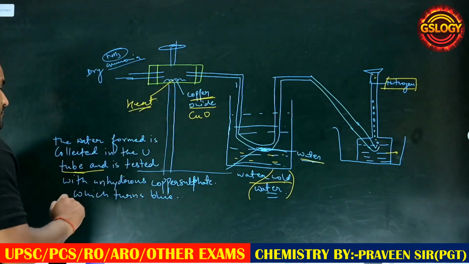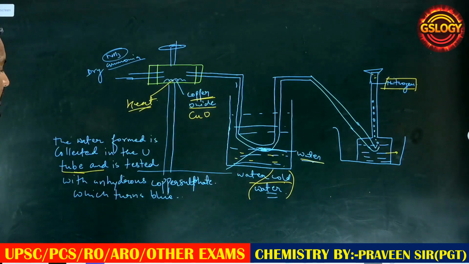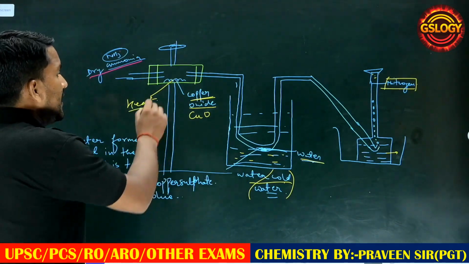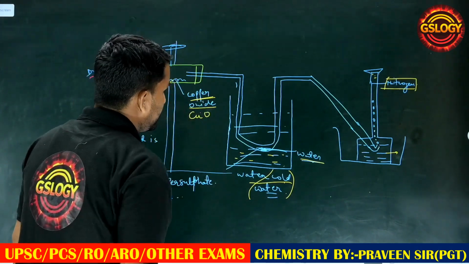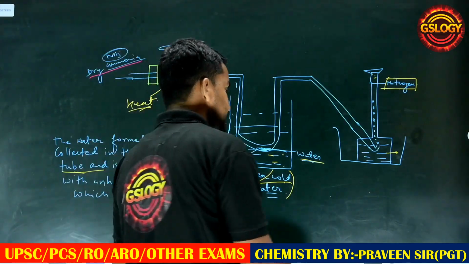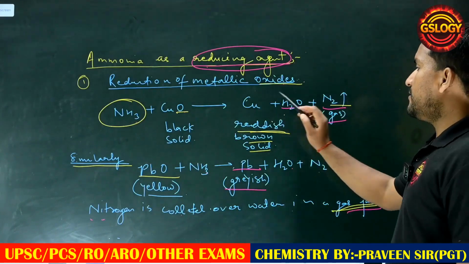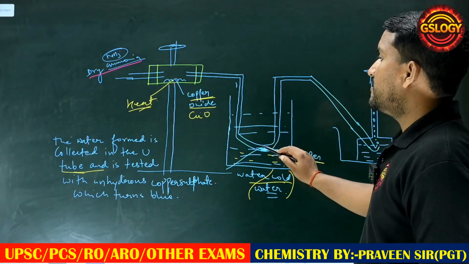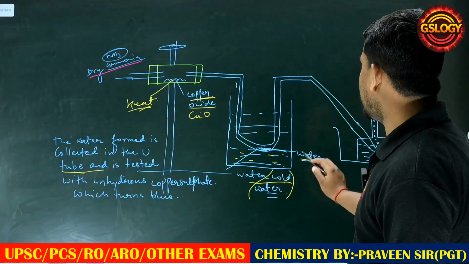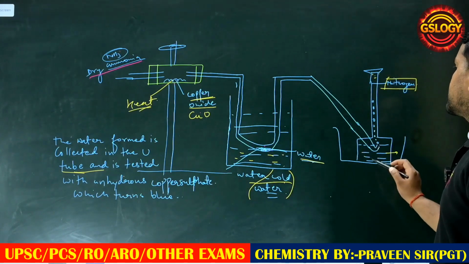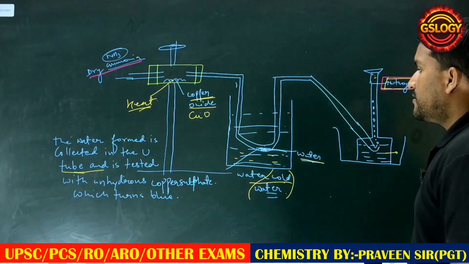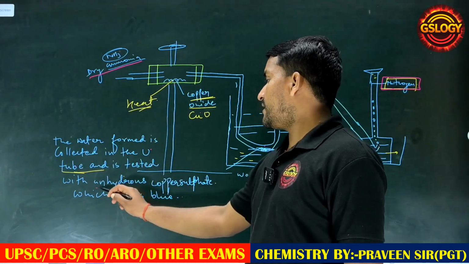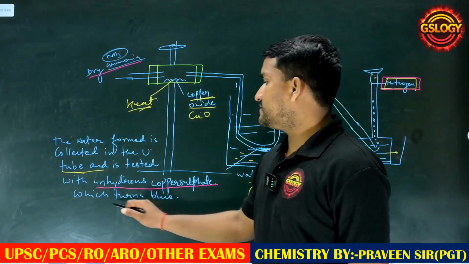The water formed is collected in the U tube and is tested with anhydrous copper sulfate. Dry ammonia is taken and heated with copper oxide, and then it will form copper, water and nitrogen gas. Here is the collection of the nitrogen gas. Cold water is used, the delivery tube passes into this container, and the nitrogen gas is collected here. The water formed is collected in the U tube and tested with anhydrous copper sulfate, which turns blue.